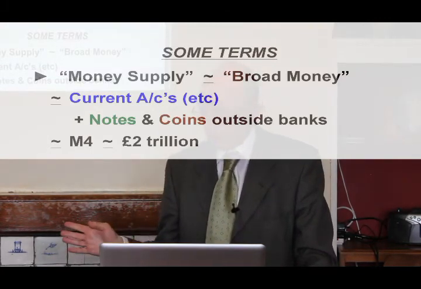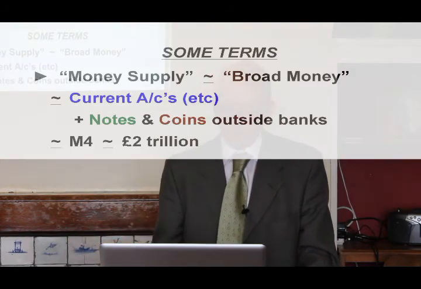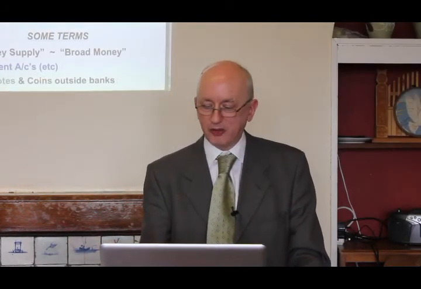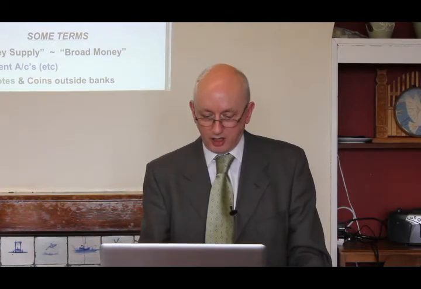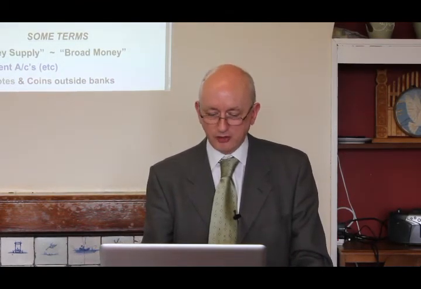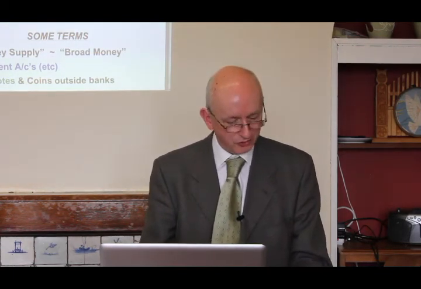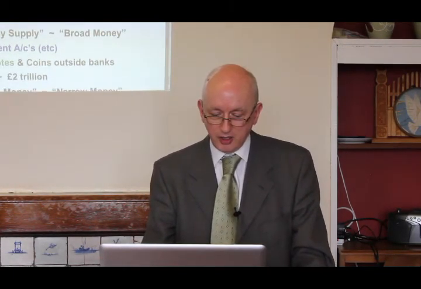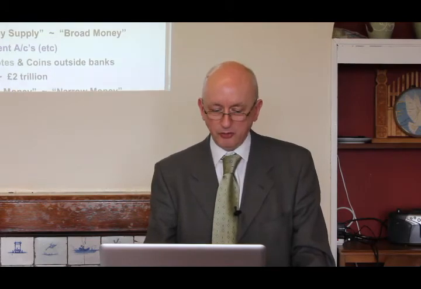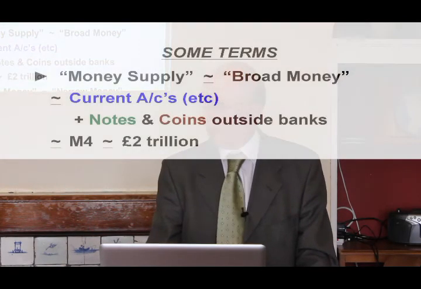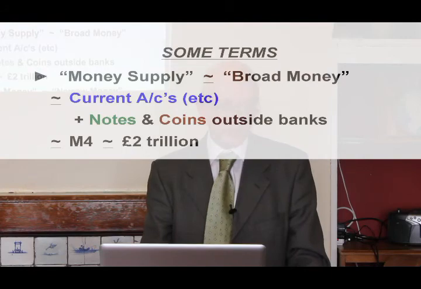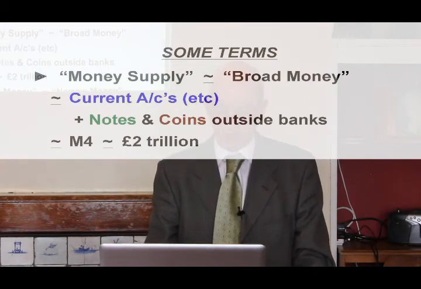I won't try to explain why it's the notes and coins outside the banks, but if you think about it very hard and scratch your head a lot, the light may dawn as to why that makes it into a sensible definition. And that's also often known as M4, and that amounts to somewhere in the region of £2 trillion in the United Kingdom at the moment.